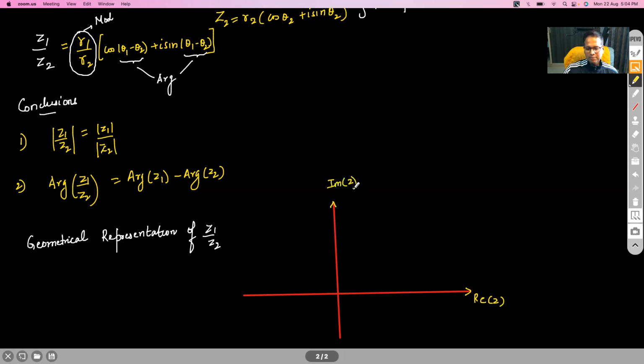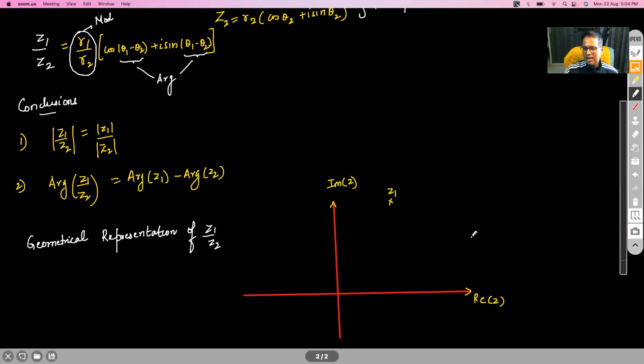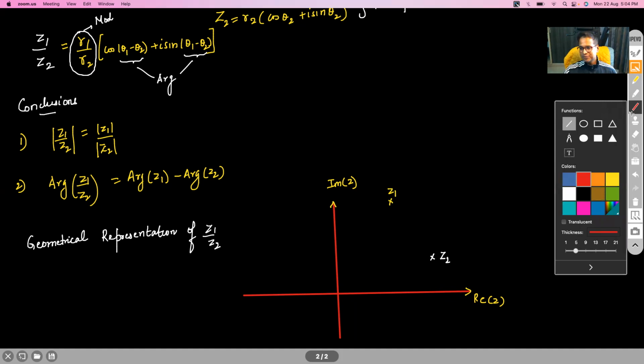In the Argand plane, let us locate Z1 first. Let this be Z1. In fact, since I'm doing Z1 divided by Z2, I'll locate Z1 slightly up, somewhere over here. And let's say Z2, I'll represent over here. So this is Z1 and this is Z2. Now, where is Z1 divided by Z2 located on this Argand plane? Let's try to figure that out first.